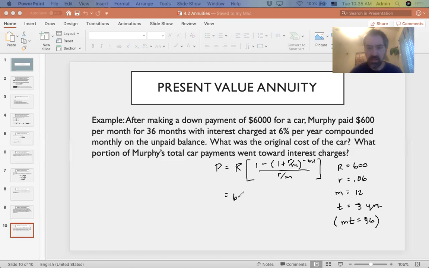So plugging our numbers in, 600 times 1 minus 1 plus 0.06 divided by 12, raised to the negative 36, over 0.06 divided by 12.